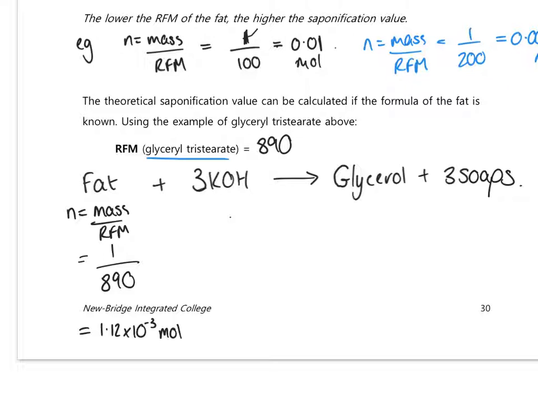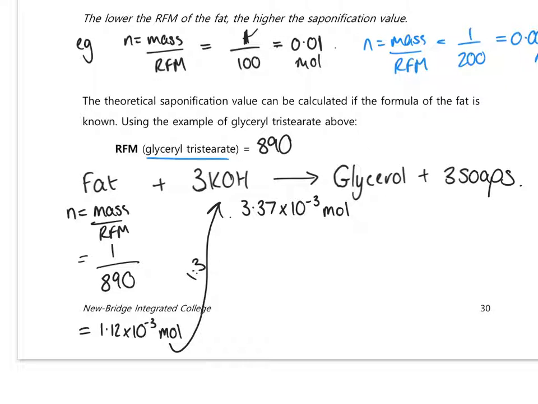How do I then work out how many moles of potassium hydroxide would react with that? A 1 to 3 ratio. Okay, so times that by 3, you should get 3.37 times 10 to the minus 3 if you keep it accurate.